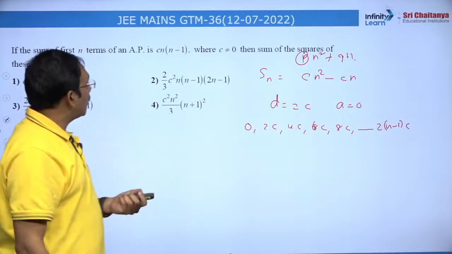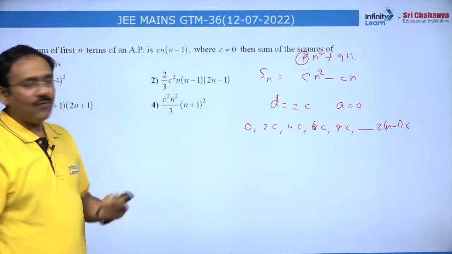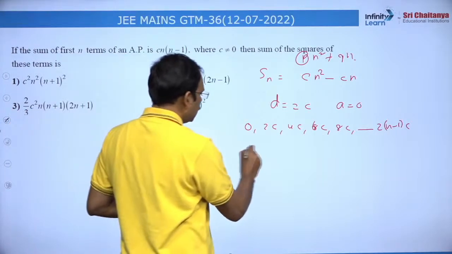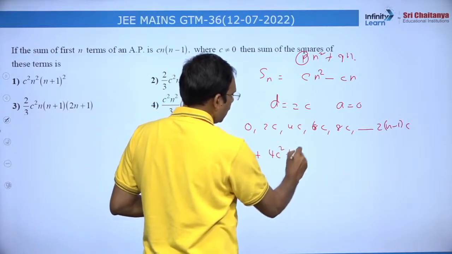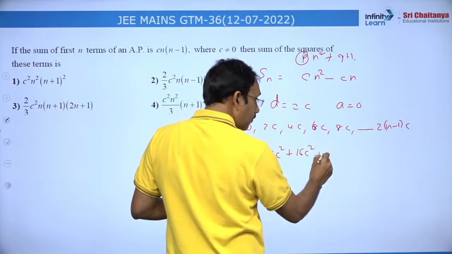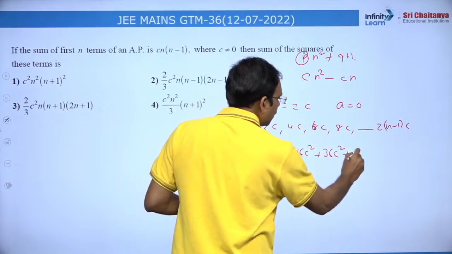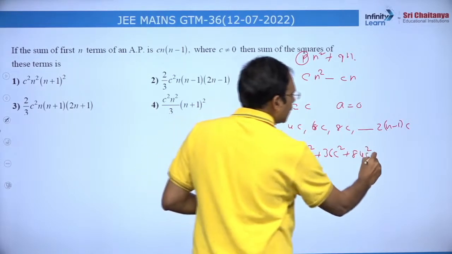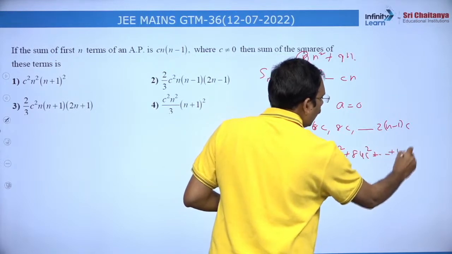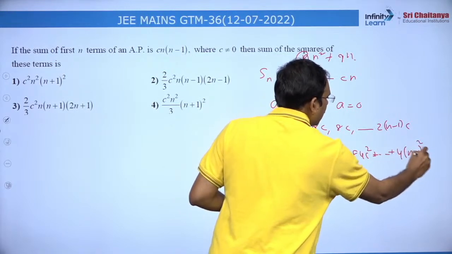Now, he is asking for the sum of squares of all these terms, you just square it: 0 plus 4C squared plus 16C squared plus 36C squared plus 64C squared and so on, up to 4 into n minus 1 whole squared into C squared.